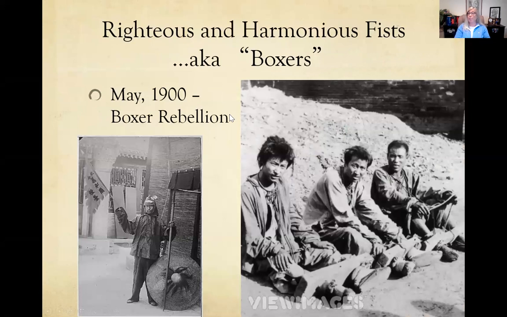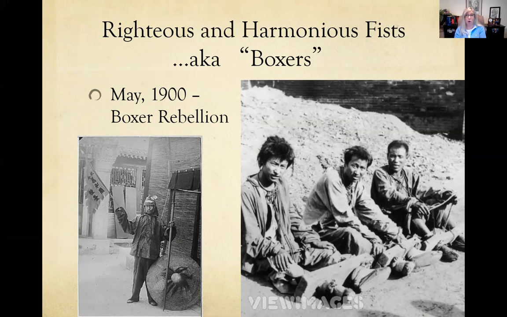All right, the people of China become angry over these European influences that are coming in. There are large numbers of missionaries, so it's more than just trade. You also have cultural influences coming into China, which has been a very, very closed society for a long time. And the Boxer Rebellion breaks out.